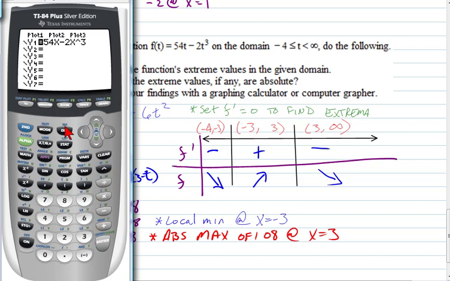And when you set your window here, we should at least let the x start at -4, shouldn't we? Because that's where our domain starts. And let's go out to 4. And our x scale can be 1, that's fine.